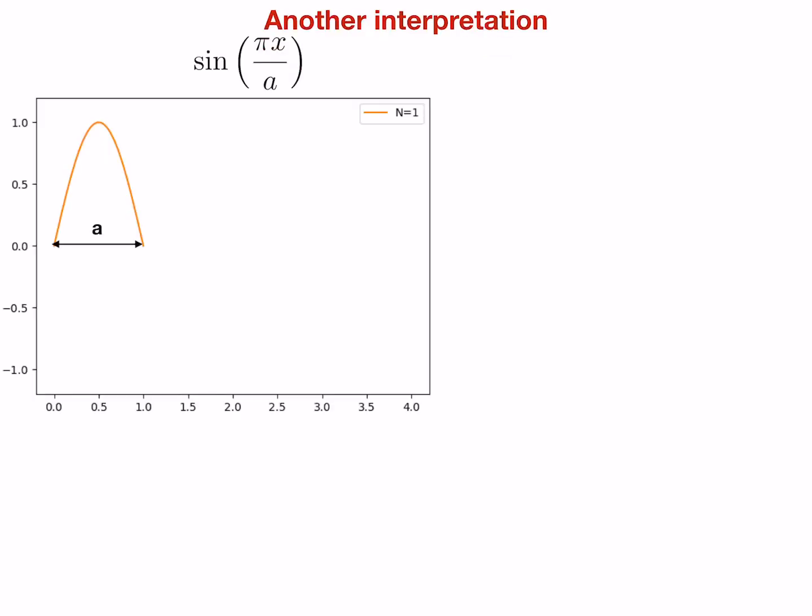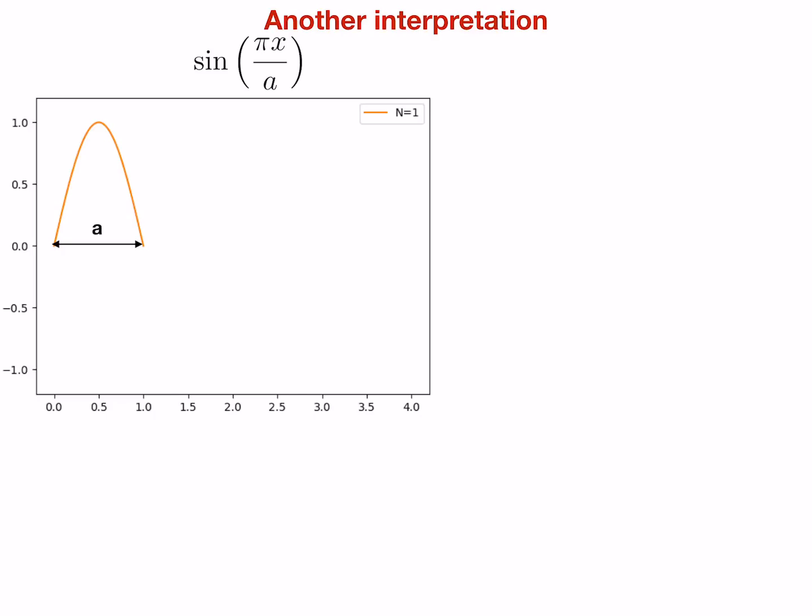Let's look at another interpretation. Let's say that we have only one function. We do not have n pi x by a. Instead, we have only one function, that is sine pi x by a.